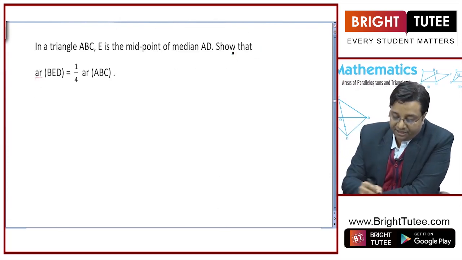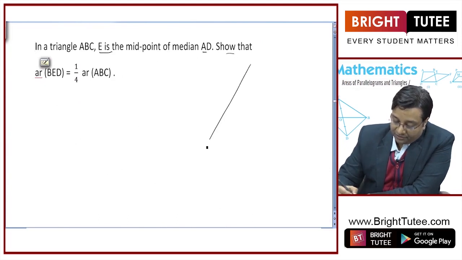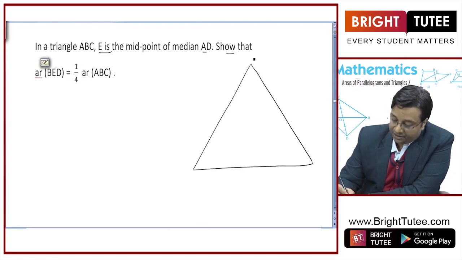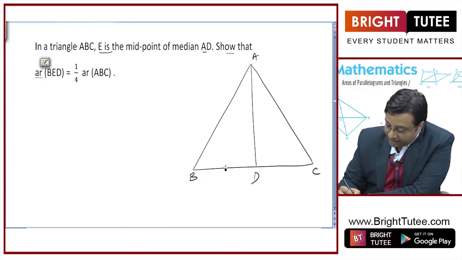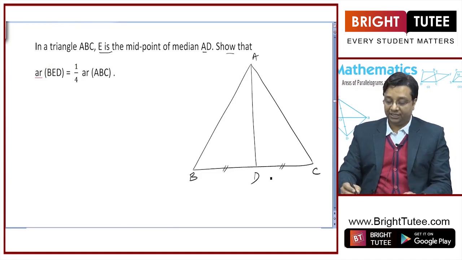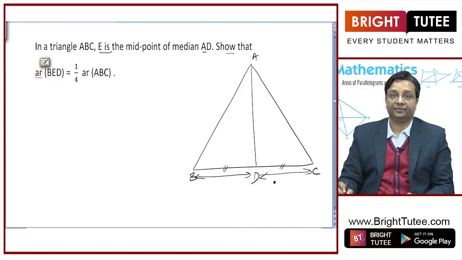Now in a triangle ABC, E is the midpoint of median AD. Show that... Let us first of all draw this figure. This is triangle ABC and this is median AD, and whenever you draw a median you mark the segments like this, so that you can easily visualize that these two segments are equal in length, because AD is the median.